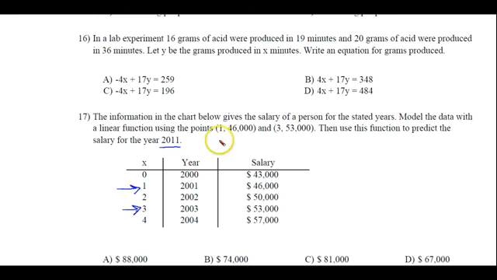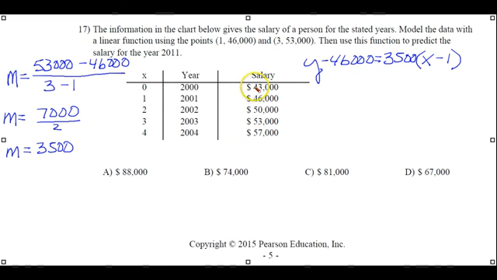So let's put this into a formula where we use this to find the slope and then develop an equation. So we'll take it in steps. We're going to use this to find the slope.